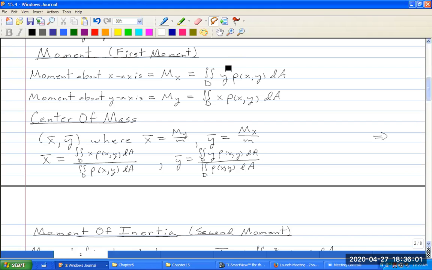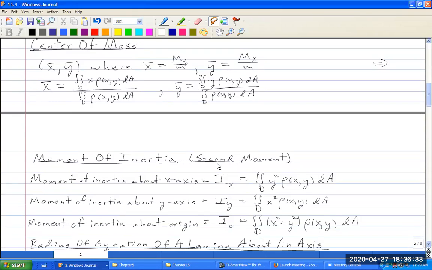So instead of just plugging these in, we can say the center of mass has coordinates x bar, the double integral over D of x rho divided by the double integral over D of rho, and y bar, the double integral over D of y rho divided by the double integral over D of rho.